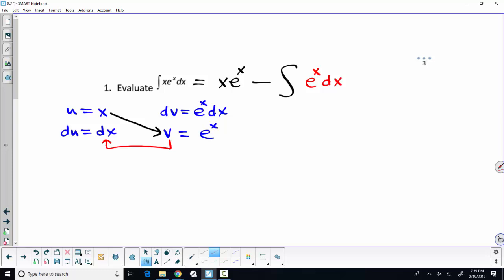Definitely the antiderivative we have now is much easier than the original. We just take x e to the x, and you just leave the x e to the x. That x e to the x is going to stay because there's nothing to do with that. But we can finish the antiderivative of e to the x. So that's x e to the x minus, and the antiderivative of e to the x is e to the x.